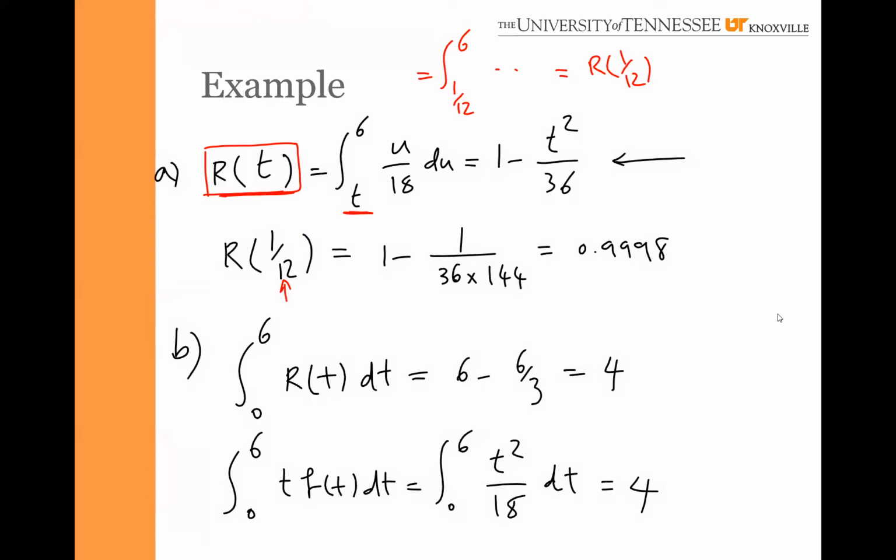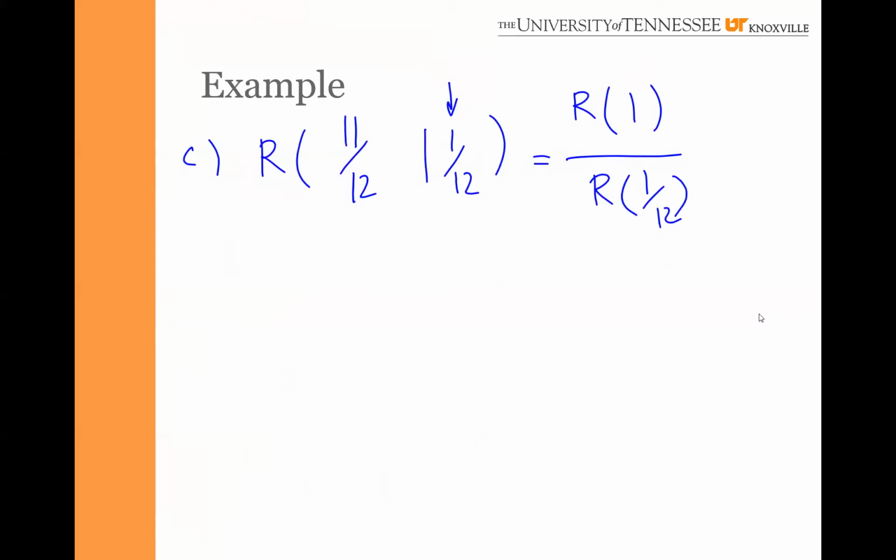So this is just my suggestion, but it's up to you because both approaches are completely valid. Okay? So I'm going to plug in 1, and I already have the value for 1 over 12. So this will be 35 over 36 over 5183 over 36 times 144. That's what I have, and then I get 0.9724.